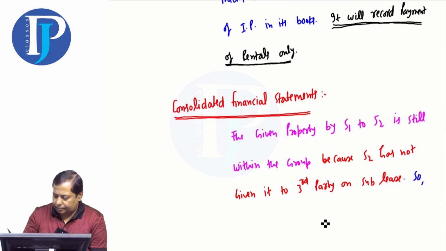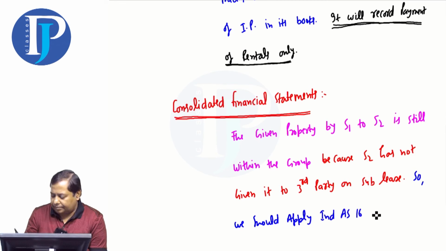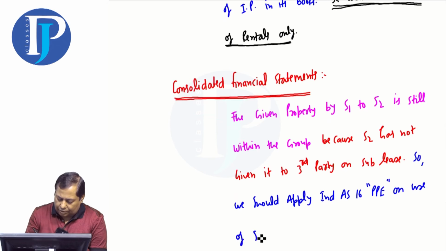So we should apply Ind AS 16, PPE, on the use of such property.